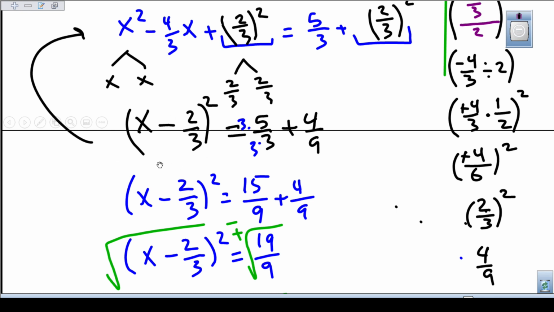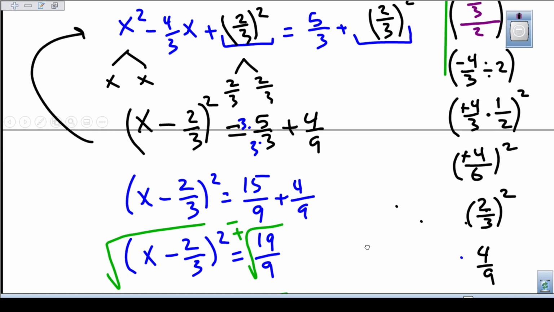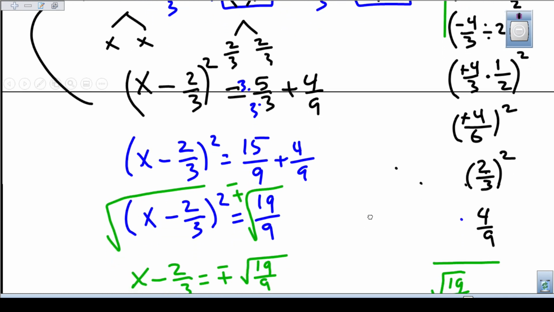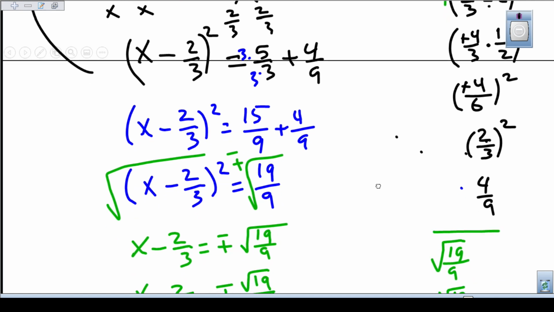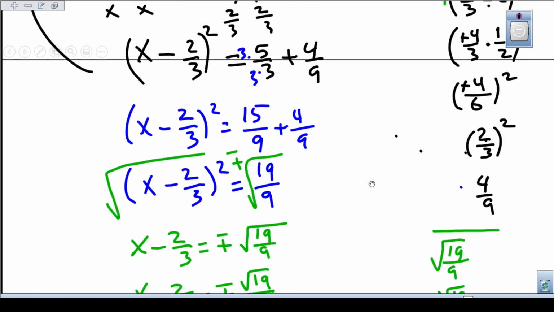If you're not too sure about how this becomes x minus 2/3, go back to the warm-up and you will find that these two multiplied together will give you the one on top. So from here down is just basic fraction manipulation. If you do not like fractions, here's your chance to flex these muscles and maybe start to develop some love for fractions. All right, champions.